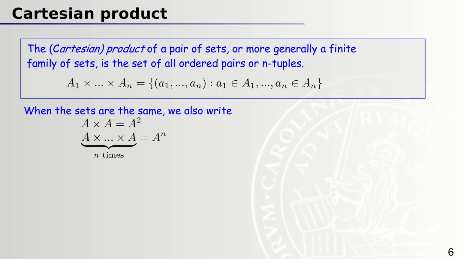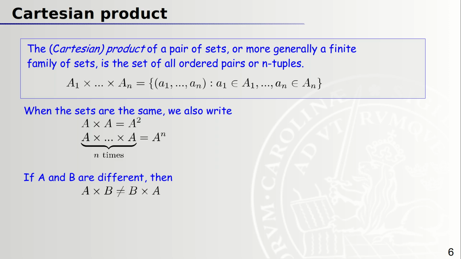When the original sets in the Cartesian product are all the same, we can also use exponent notation. A squared is the same as A cross A, the set of all pairs with elements from A. A to the n is the set of all n-tuples with elements from A. Note that when the two sets of a Cartesian product aren't the same, the order in which we use them in a Cartesian product matters.